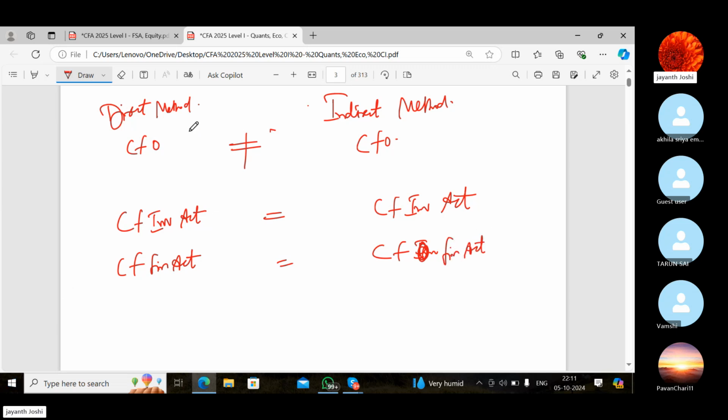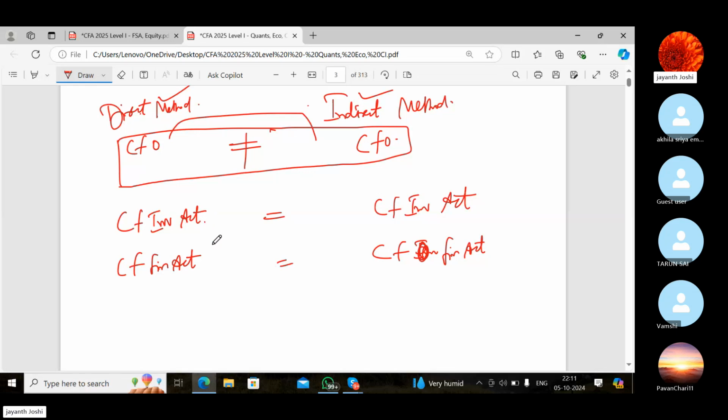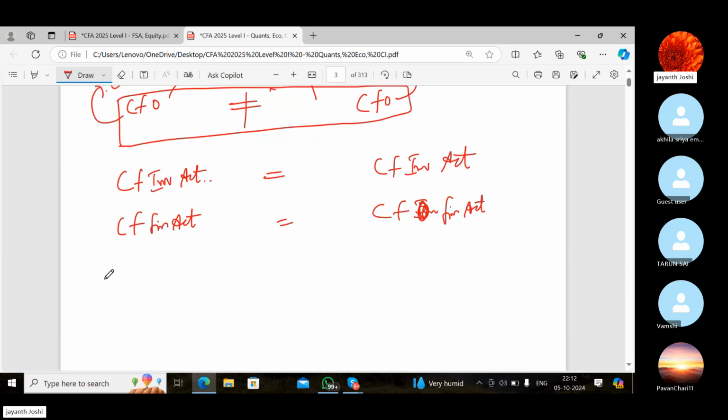So what you understand is that when you make a cash flow statement based on either method, only the operating section differs. This will differ in both the methods, and the investing and financing activities are almost the same. Okay, so we need to learn the format for cash flow from operating activities in the indirect method, because now we have done the direct method. We have already finished, right? What did we do in case of cash flow from operations?